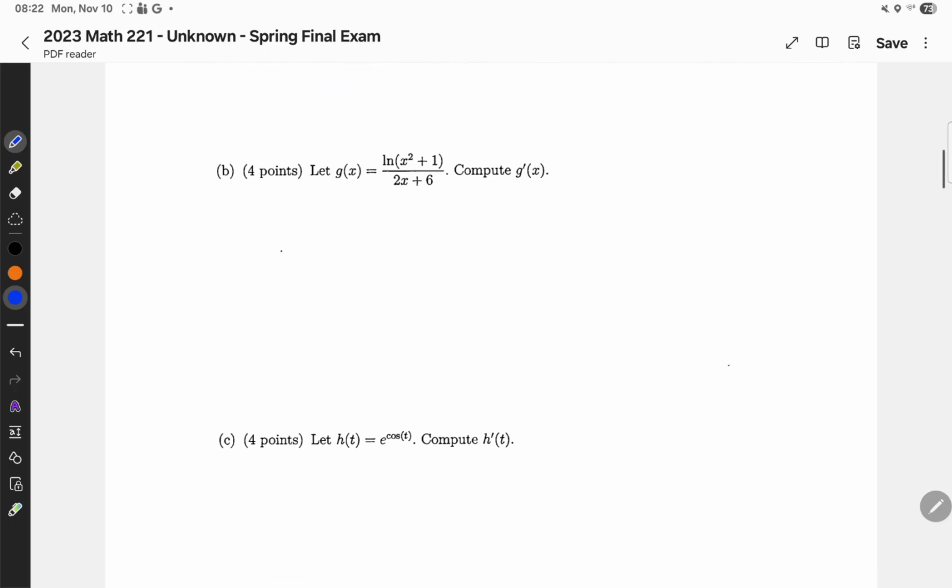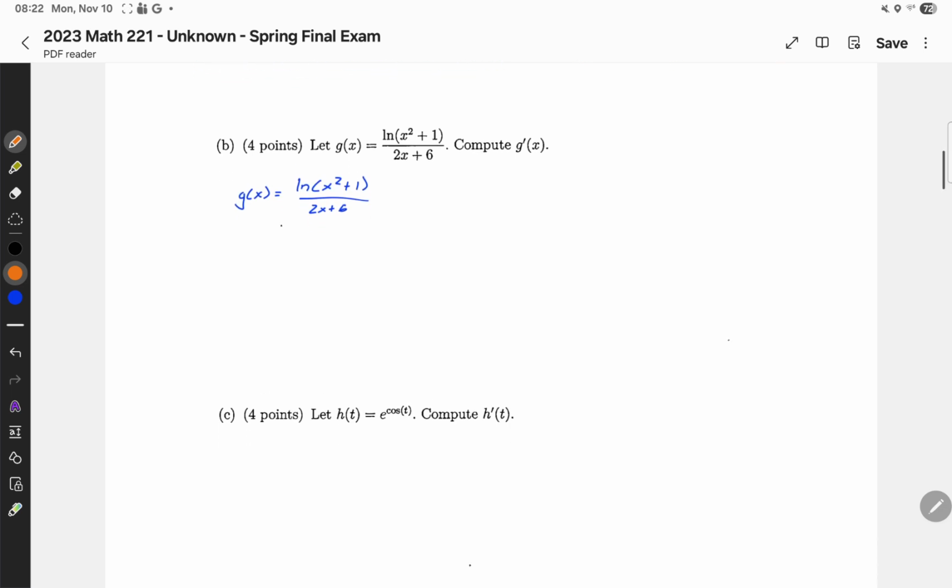All right, moving on to part B, we have that g of x is equal to the natural log of (x squared plus 1) over (2x plus 6). For this, we have a quotient, so we're going to be using the quotient rule. This one's a little bit more complicated, so I'll go ahead and write it out over here. Just remember the quotient rule is, say we're taking the derivative of, I'll use f and h, so f of x over h of x.